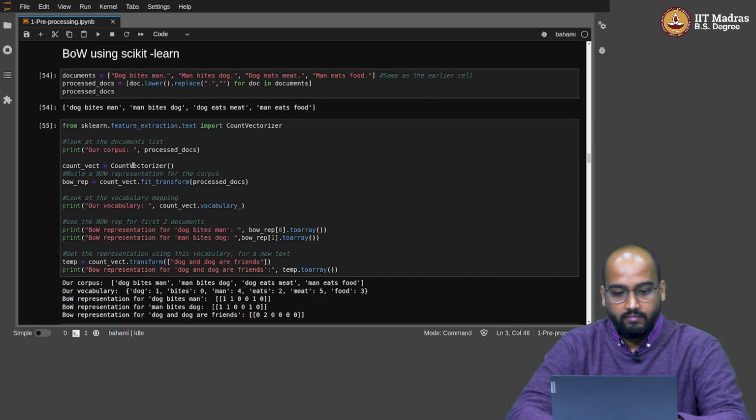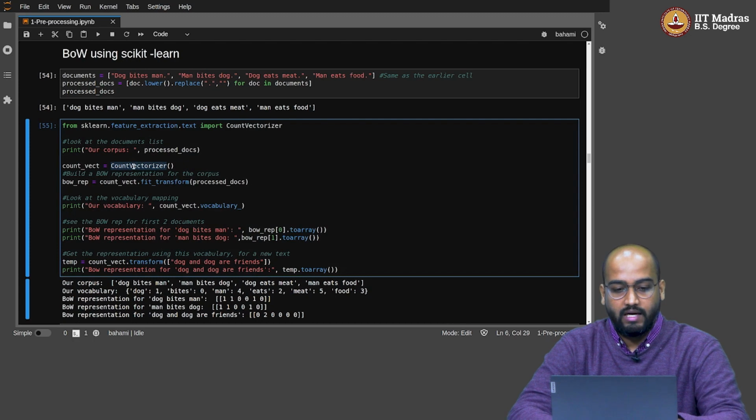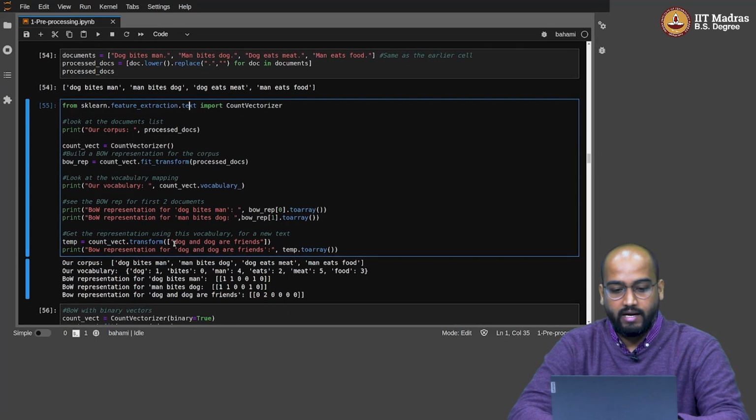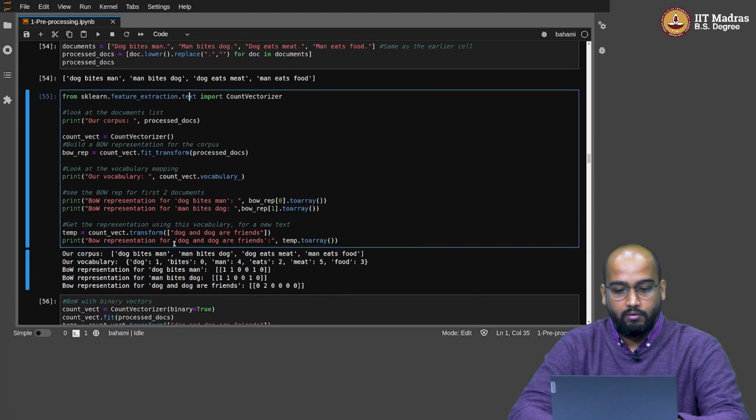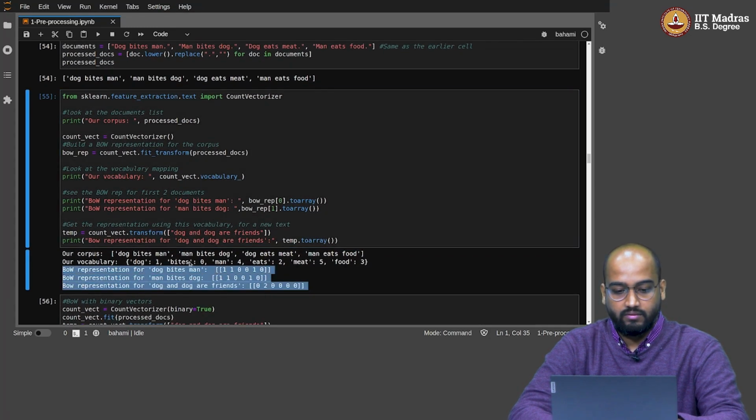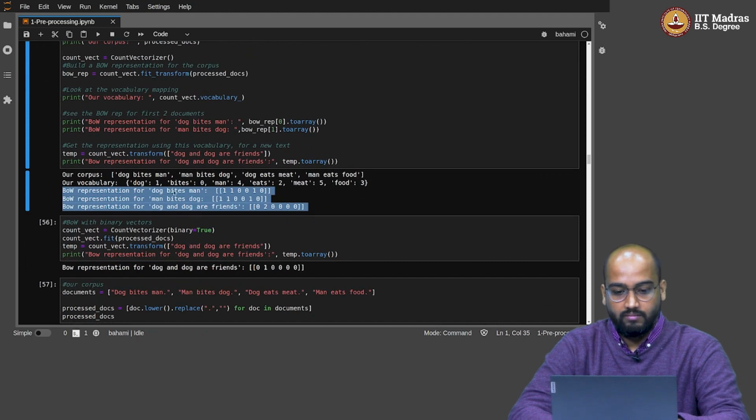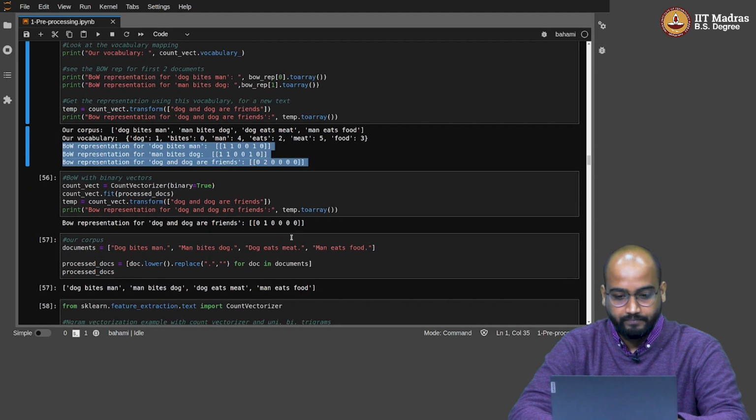Again, for doing this, you use a functionality called CountVectorizer that is present in the Scikit-learn feature extraction text submodule, and you can give your own cleaned corpus, and it will be capable of creating representations like this, right? So you can see that a sentence is broken down into its bag of words representation.